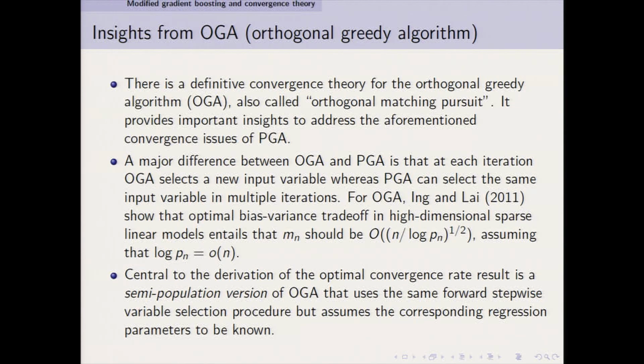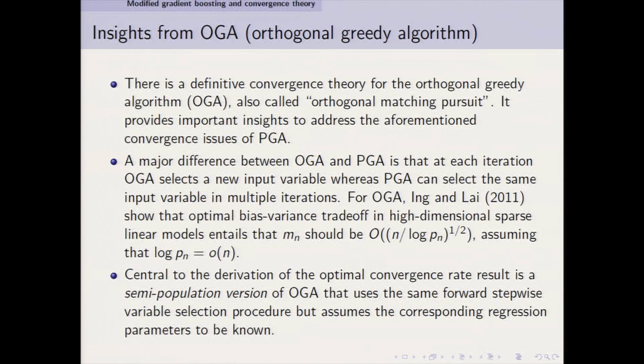A major difference between OGA and PGA is that PGA is the pure greedy algorithm, or matching pursuit, or the gradient boosting that we talked about before. At each iteration, OGA selects a new input variable, and PGA can select the same input variable in multiple iterations.